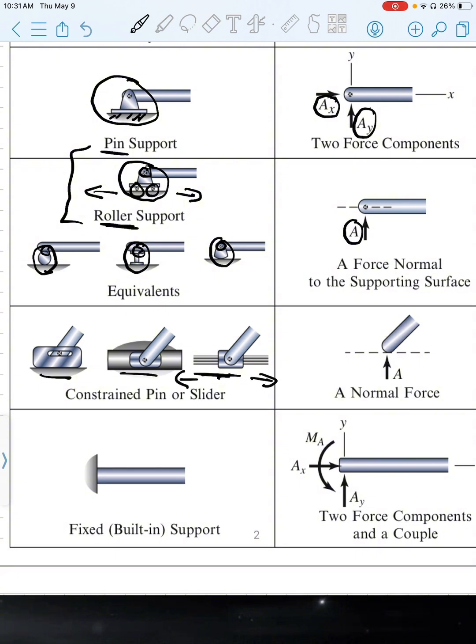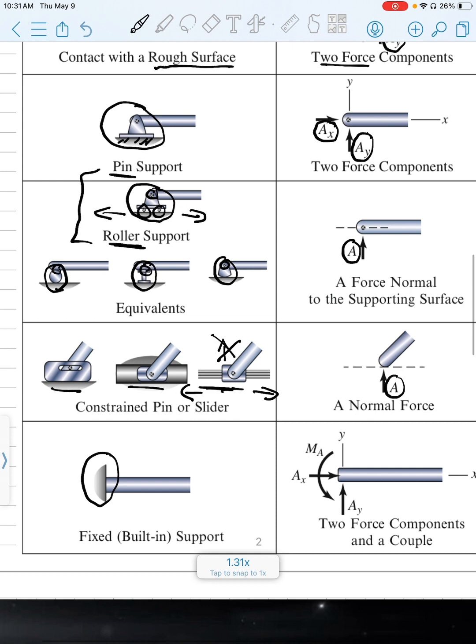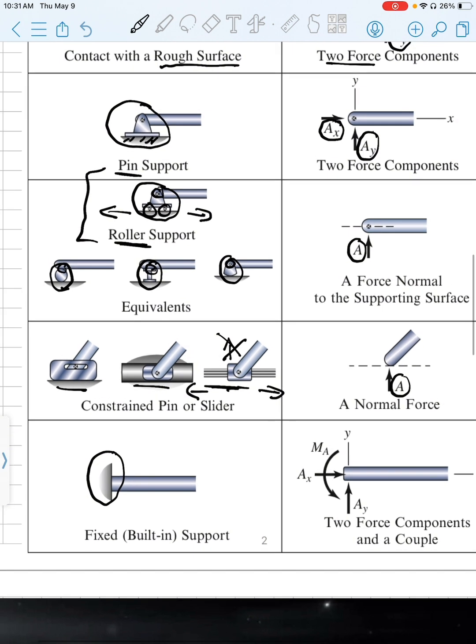So that means there are no forces in the x direction. That means we only have one force, which is in the y direction, preventing it from going up. So that's why we have only one force in the y direction. Okay, this one also is very important and comes up a lot in the equations.